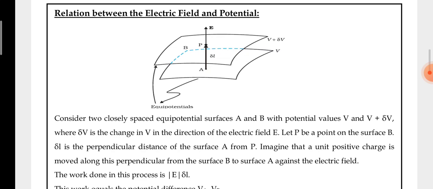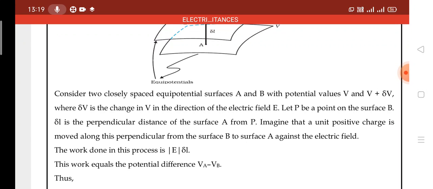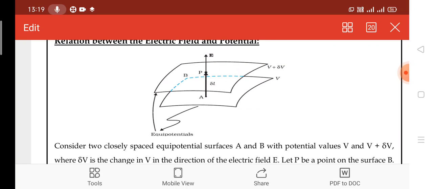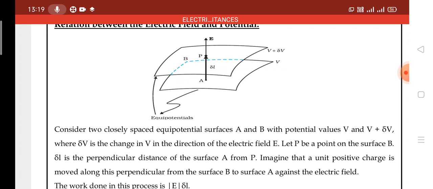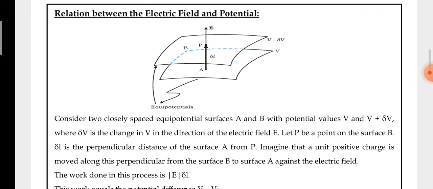The A plate has throughout its surface potential V. The B surface has V plus delta V. That means there is a difference in potentials between A and B. Both are not having the same potentials, but when you take them individually, each has the same potential throughout.